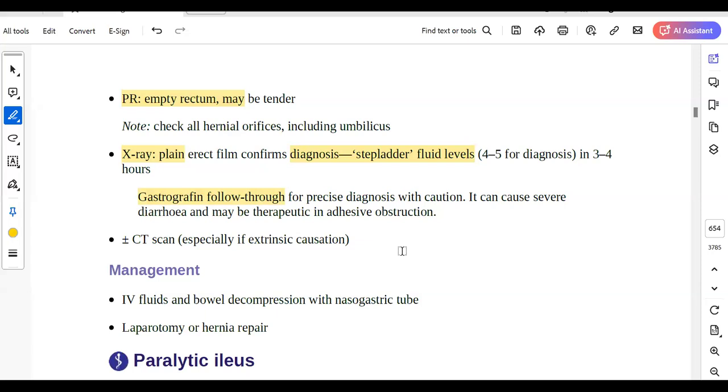JM says to do the gastrografin follow-through, but it's very rarely done nowadays. Most of the time, we will do a CT scan of the abdomen if we are not sure from the X-ray whether it is a small or large bowel obstruction. So your initial test is X-ray, and the best next could be either gastrografin follow-through or CT.